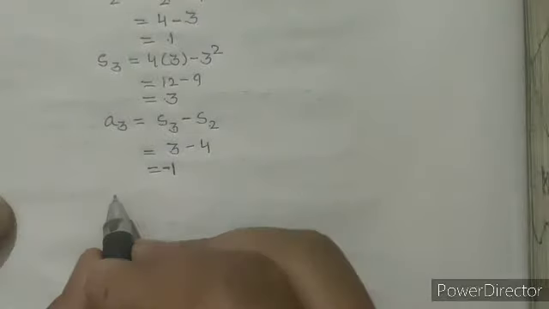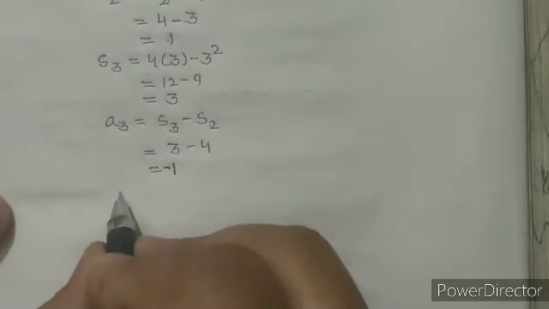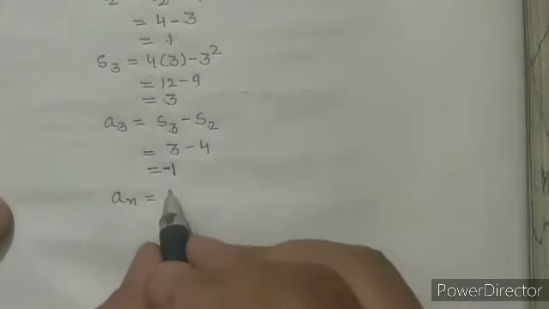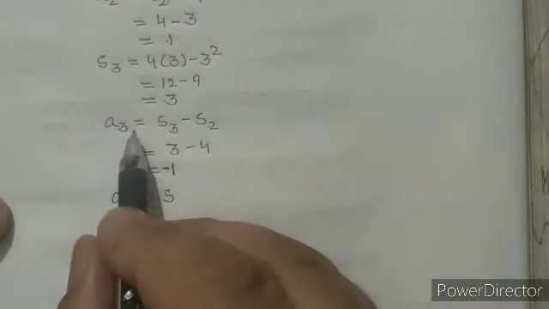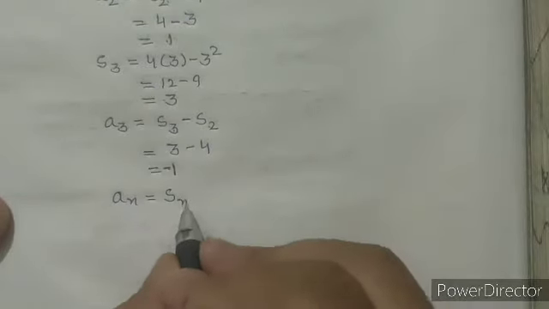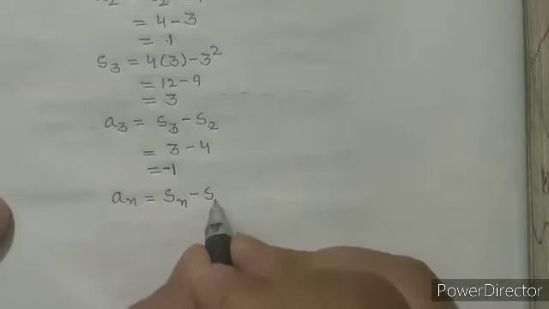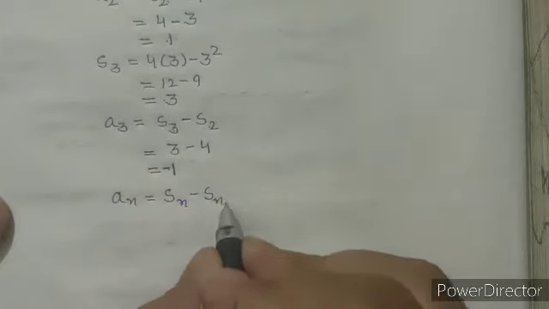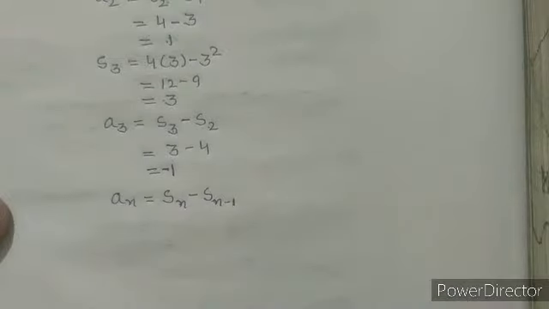Similarly, we can find other terms of the AP. Now here we have to find the nth term of the AP. Just as the third term is S3 minus S2, the nth term will be Sn minus the sum of the terms before the nth term, that is Sn minus 1.